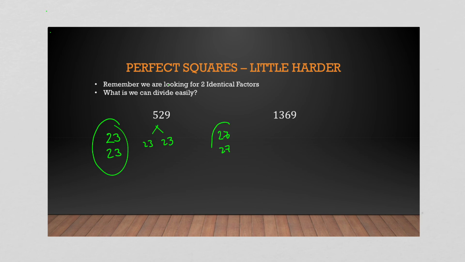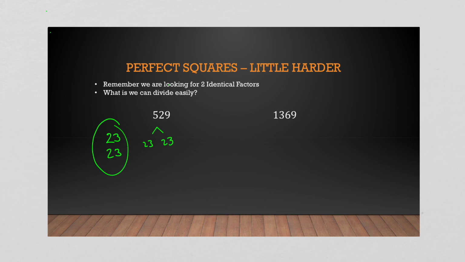Also, it can't be 27 times 27 because 27 is 3 times 9, which means it's 3 times 3 times 3, which means 27 has a factor of 3, which means this number would have a factor of 3 if it was divisible by 27. And that number is not divisible by 3. So you can narrow down the fact that it's got to be 23. It's a pretty cool little piece there.